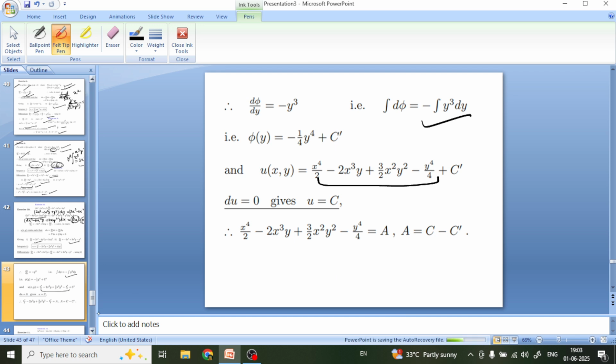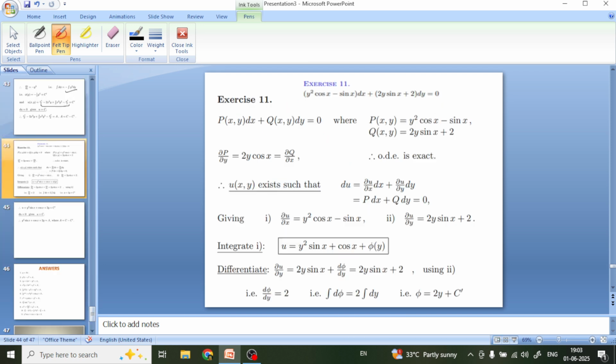Now last but not least, this is P(x, y), and this will be Q(x, y).